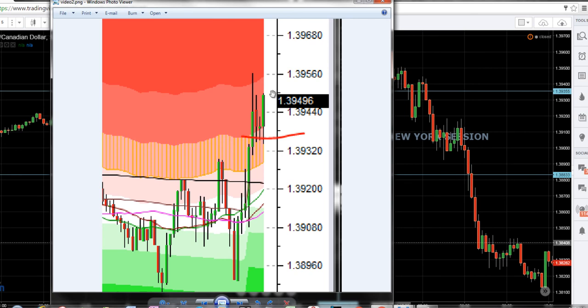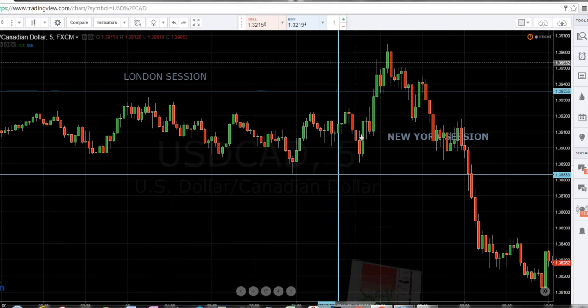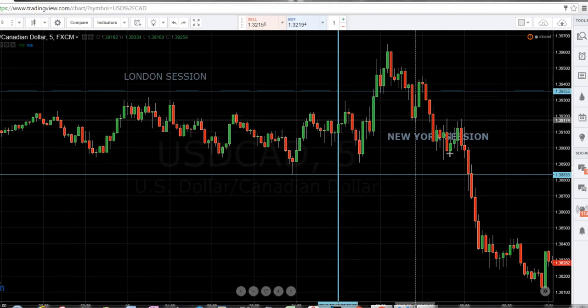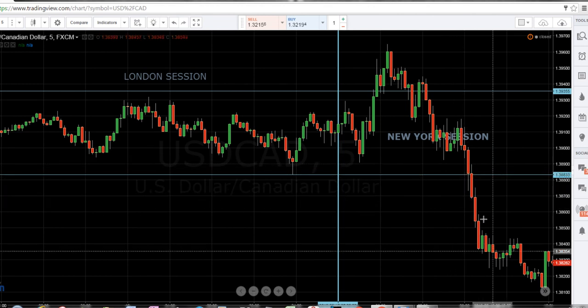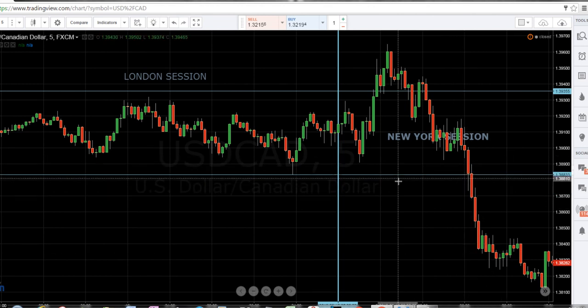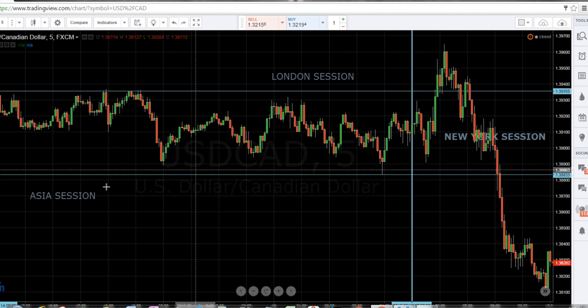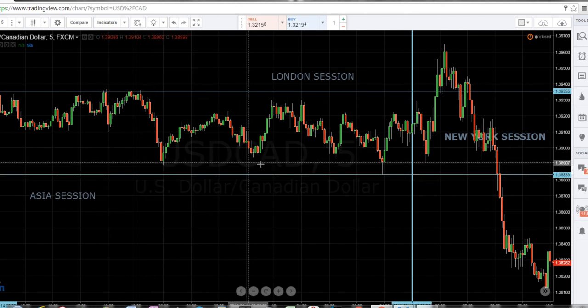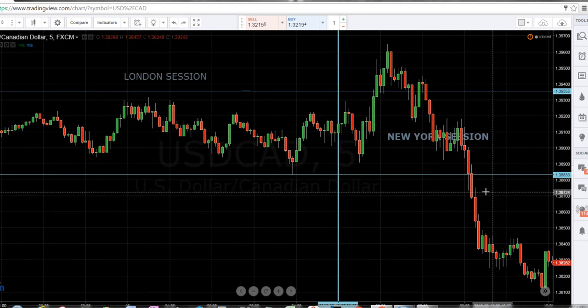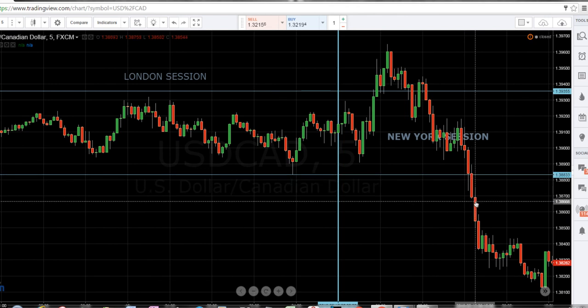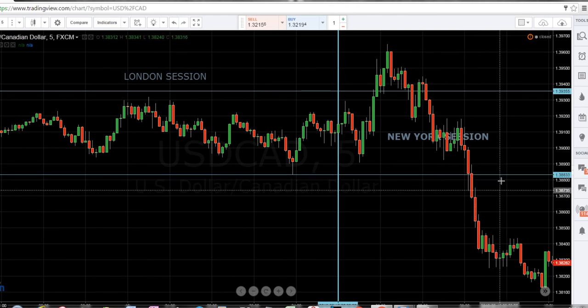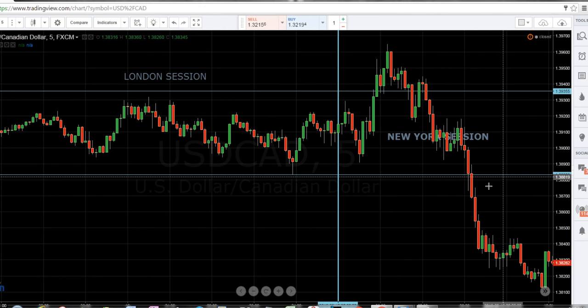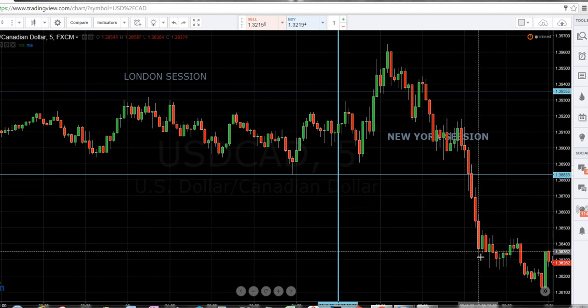And somewhere around here is where I ended up bailing out, so I know I got somewhere around 8 points. Now you can also do this the other way. Unfortunately, when it took out the lows of the London and Asia sessions, it did not give that retracement, right? It just came straight down.